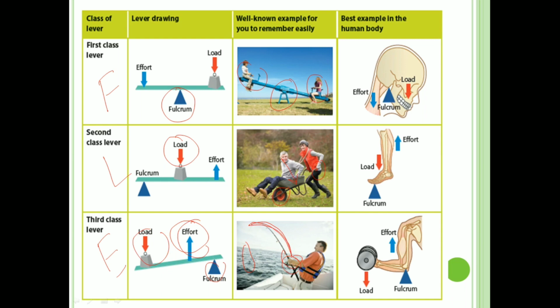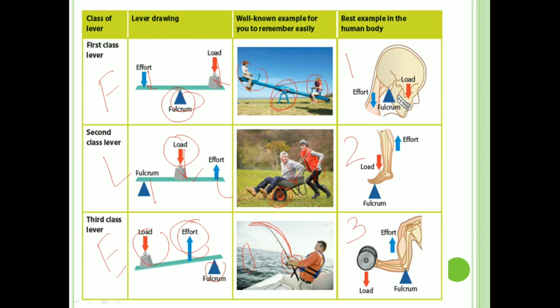So that is your effort. Similarly here, effort by this lady, load the person sitting, and the fulcrum, this wheel. In this case also fulcrum, this is the axis, and on one side there will be load and on one side will be the effort. Now coming to the human body example, first order lever, second order lever, and third order lever.